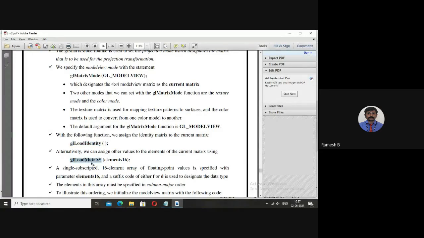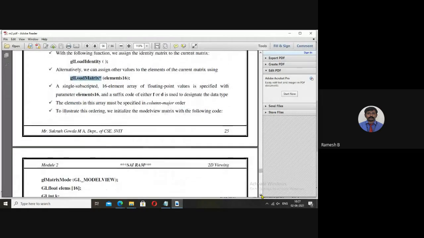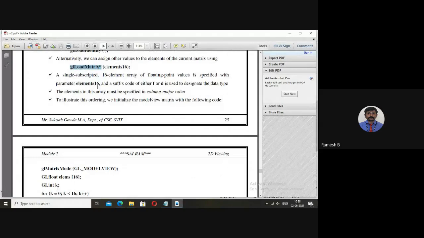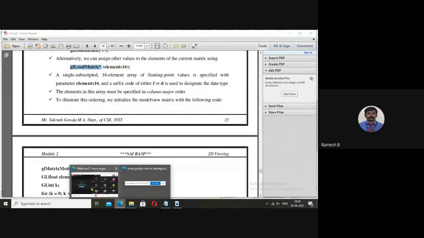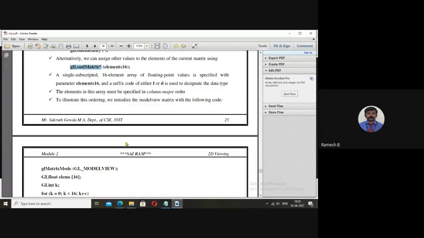Now GL load matrix loads the matrix whatever is there in the buffer. Now please type me GL load matrix, every one of you. Okay, good. It is a function, Netrashri. You must give brackets. GL load matrix. Give brackets after that, every one of you.